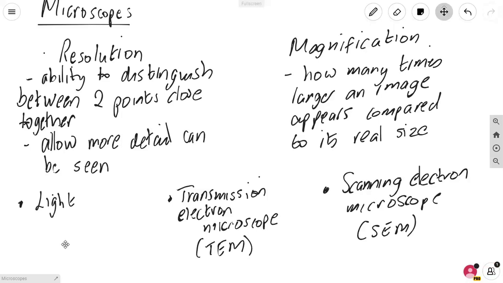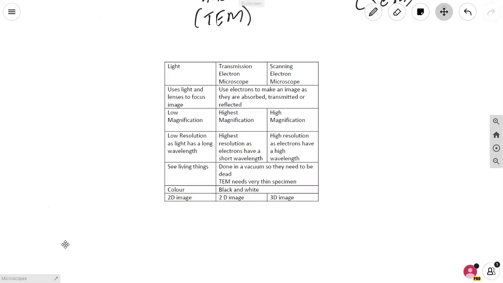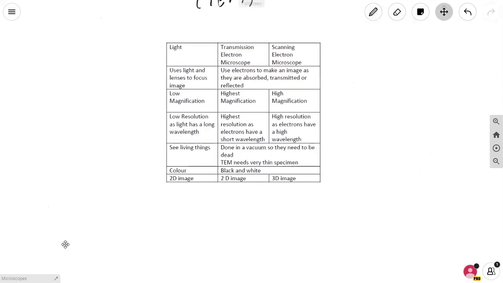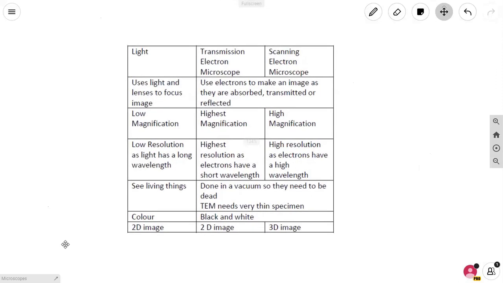Now, if we're going to compare them, it's easiest to look at this table. It starts by looking at what the actual microscopes do. If we have a look at the light microscope, as we know, it uses light and lenses to focus an image. The idea being that you've got your microscope, it's got a lens in the top, an eyepiece lens.